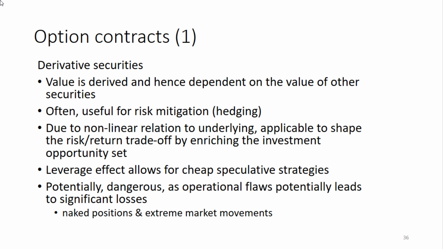So the last derivative security that we will discuss are options, option contracts. As I mentioned before, it's a derivative security because the value of the option is derived from other securities. Frequently used to do risk mitigation, that's what we call hedging.